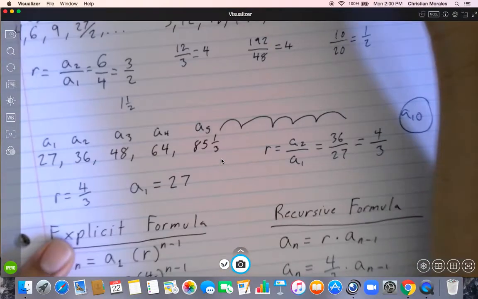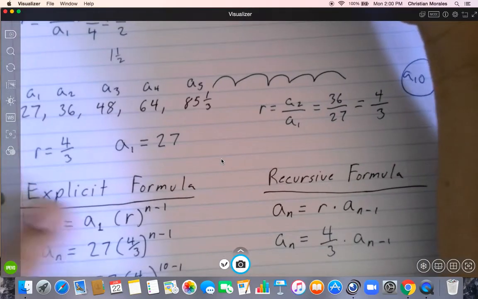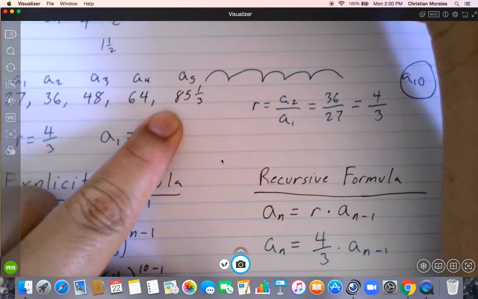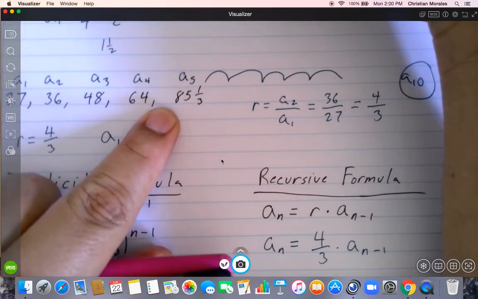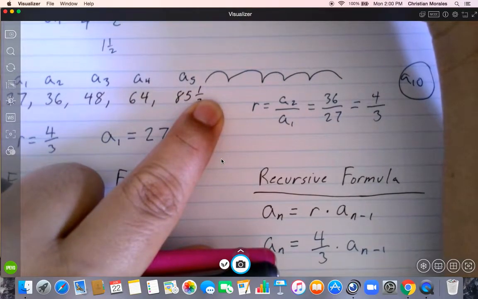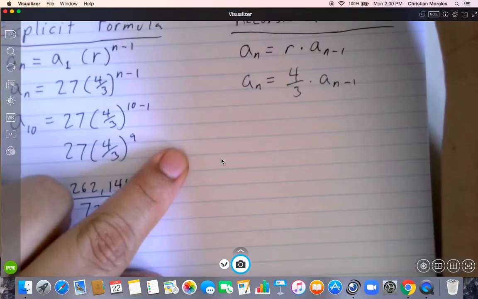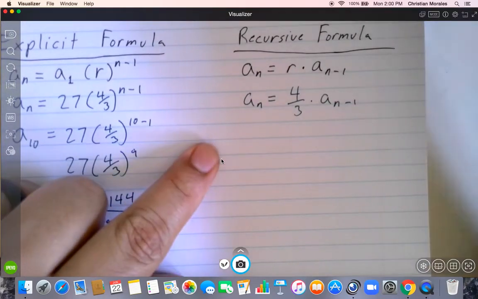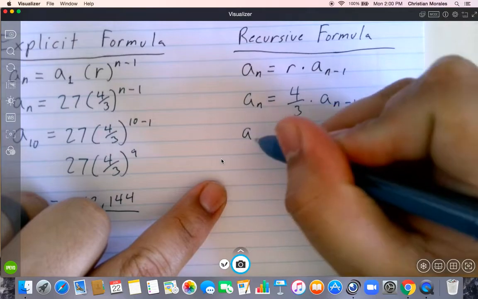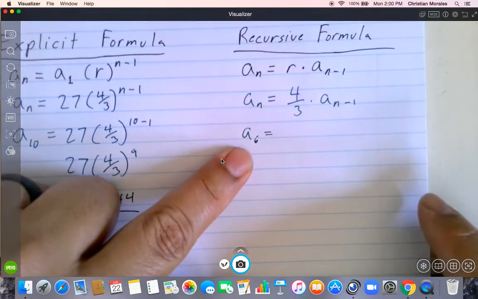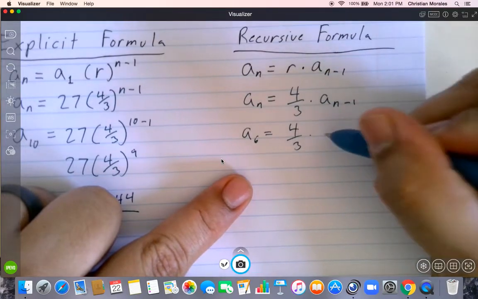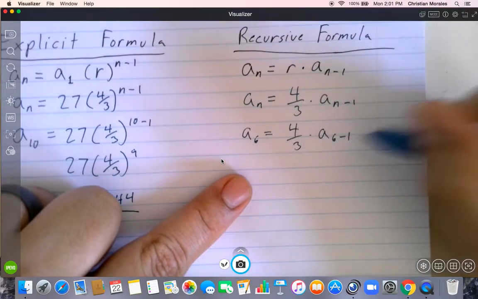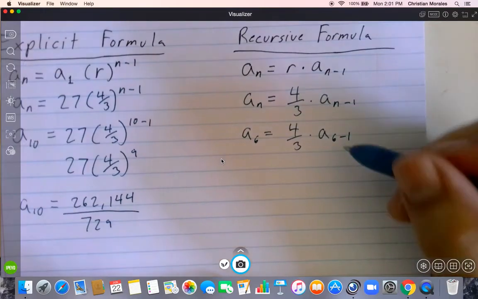In this problem, the last term they gave me was the 5th term. This was term number 5. So I could use this to find the next term, A6. So if I wanted to find A6, it's not a problem. But that's the only one it could find. It could only find the next one. So I put this in here. Now again, what's going to be 6 minus 1?